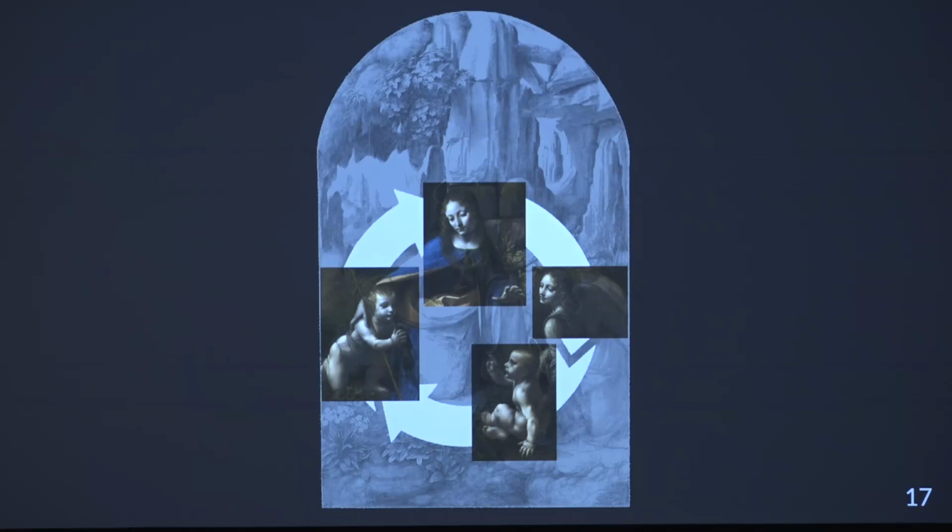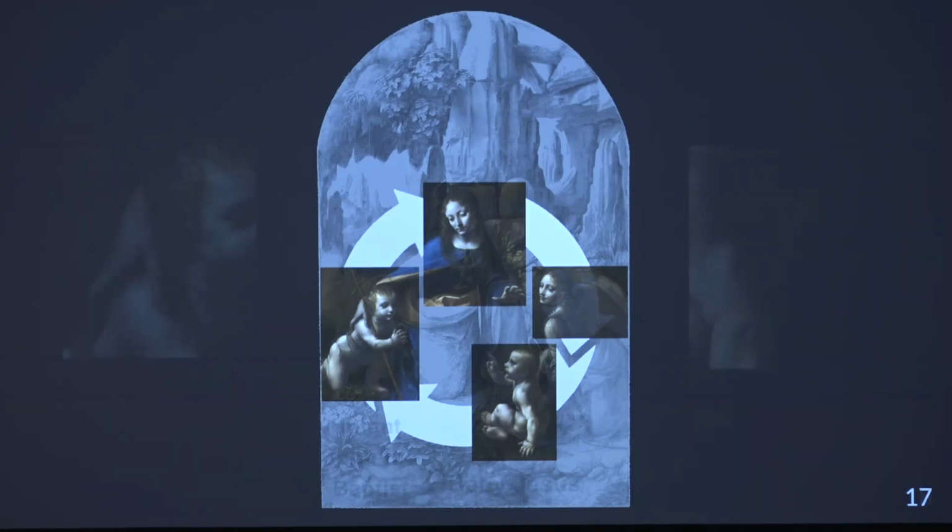Even if you start from St. John the Baptist, then there is this diagonal, and the eyes of the Virgin looking downward create this relationship. Then you have this diagonal created by the gesture of the hand, and you move to the angel. The angel is drawing your attention to St. John the Baptist again. And then if you look down, you finally find Jesus Christ, but he's blessing again the infant St. John the Baptist, and you basically go in circles all the time.